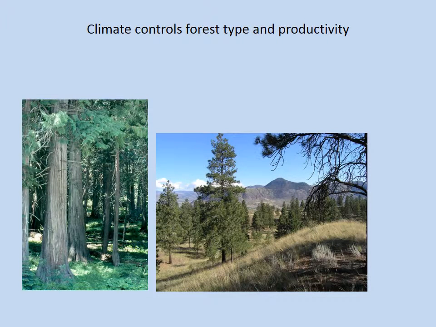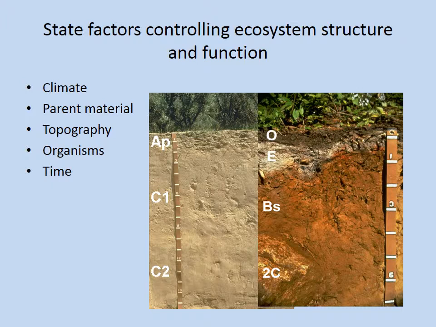Climate is the main factor that governs the type of ecosystem that can develop in a certain region. In the inland northwest we see that cedar and hemlock develop in moist montane locations and ponderosa pine develops at the border between prairie and forests. Climate is one of the state factors that determines the type of ecosystem that can develop at a location.